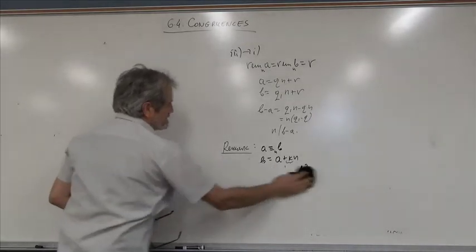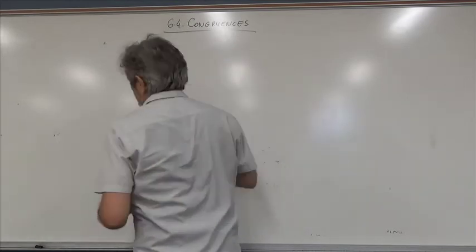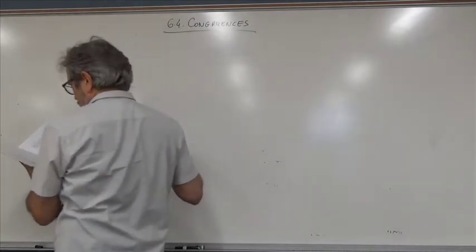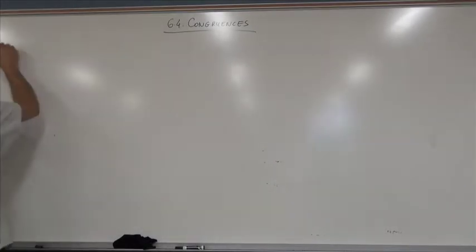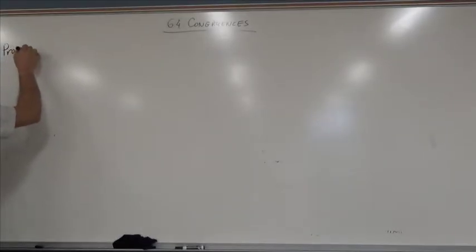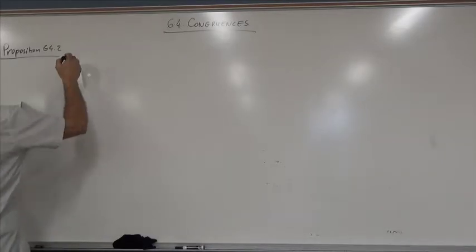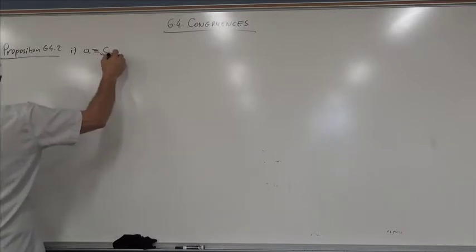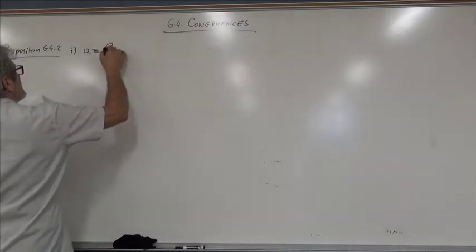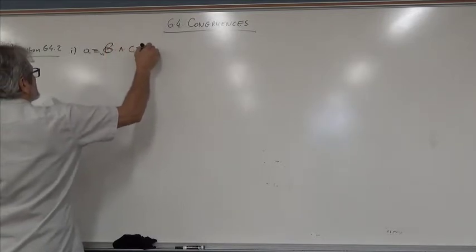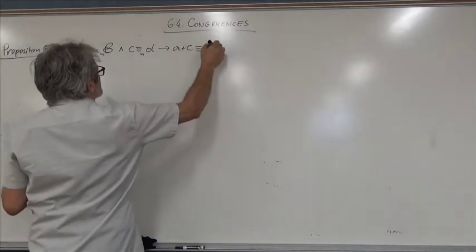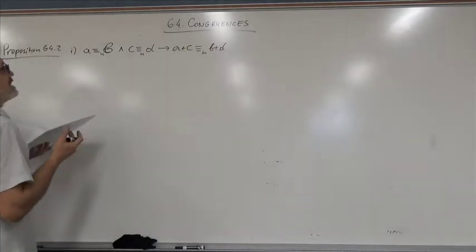That's what the next theorem is telling us. In that statement, we want the following proposition. It says the following. Number one, if A is congruent with B modulo n, and C is congruent with D modulo n, then A plus C is congruent with B plus D modulo n.